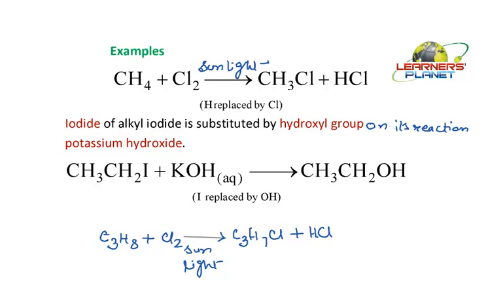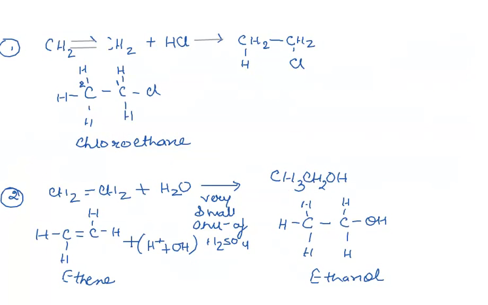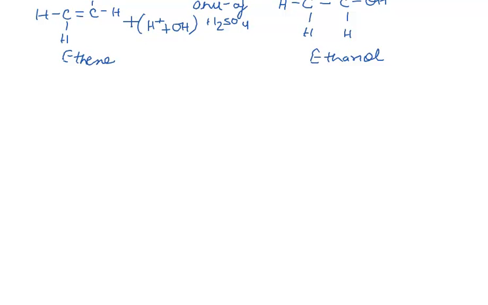Remember, it is aqueous. So what is happening here, students? The hydroxyl of potassium hydroxide replaces iodine present in alkyl iodide. And what is the byproduct here? Our byproduct is potassium iodide. So this is also one of the substitution reactions. I'll give you an example of this. A few more examples we'll discuss. Okay, substitution reaction.